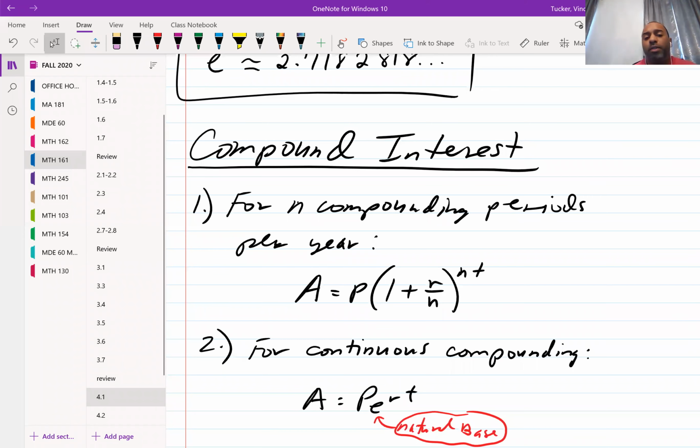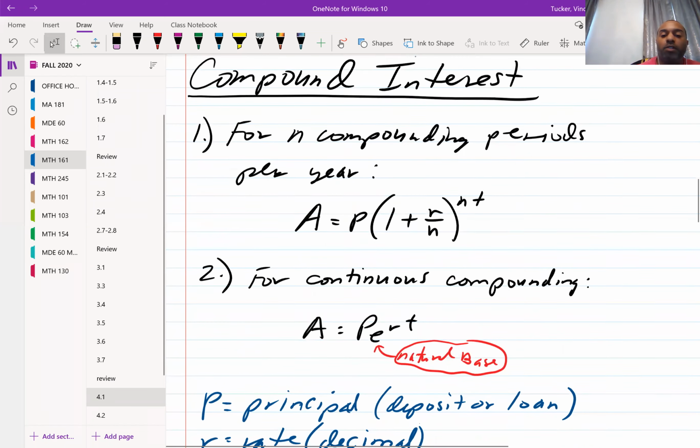So we're talking about, when it comes to banking, owning money, owing money, or taking out a loan, something of that nature. Compounding periods: how many times your account is going to get hit with interest. We're trying to calculate how much money would be left in your account after a certain amount of time.